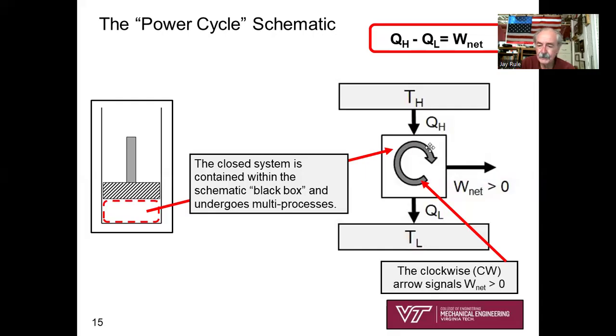Do you notice that visually, in QH minus QL, what if I move this QL to the right-hand side? You see I have QH equals W net plus QL. QH on the left-hand side is what's coming in, and W net plus QL is what's coming out.